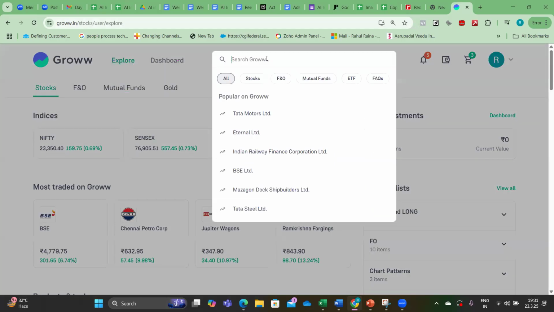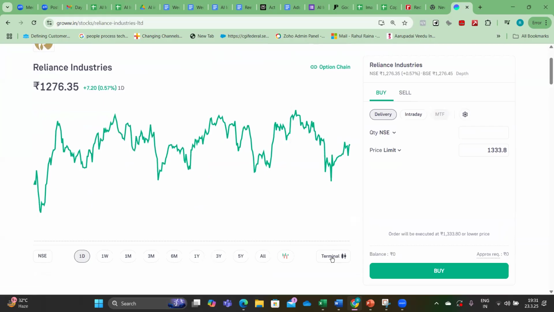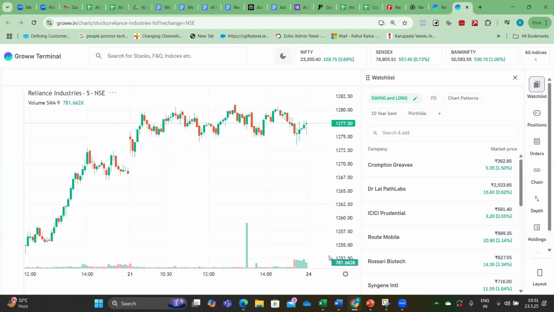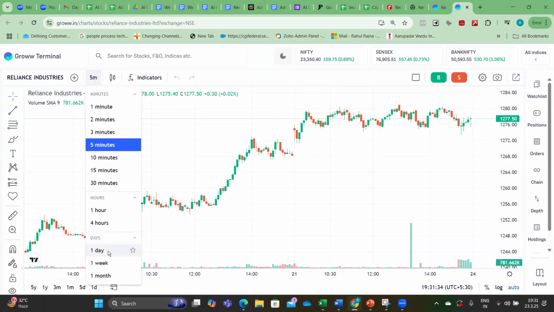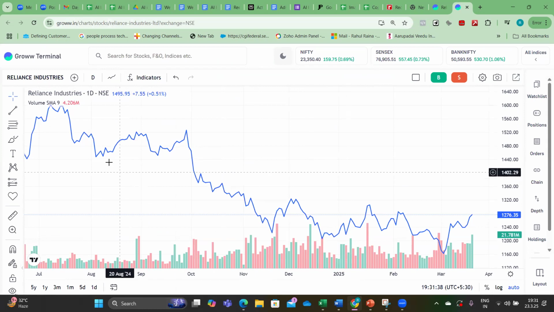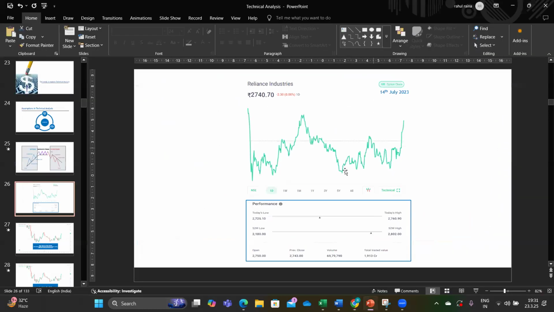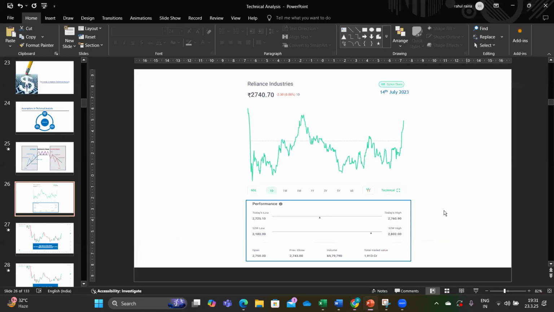Okay, let's see Reliance. Okay, so this is a line chart. What you just saw here is a line chart. This is a very simple line chart.